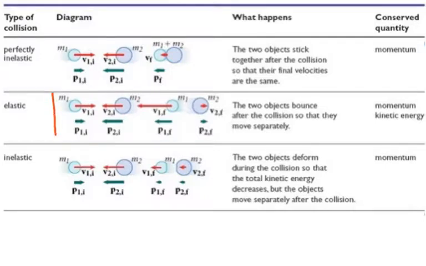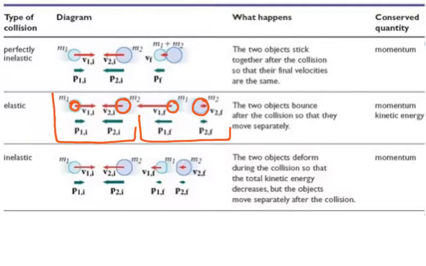So before the collision you have two objects, and after the collision you have two objects. Before, you can have mass 1 moving with velocity 1, mass 2 moving with velocity 2, and then after, mass 1 is moving with a new velocity, and mass 2 is moving with a new velocity. So in elastic collision, I think of an elastic band: you stretch it and it always goes back to where it used to be.